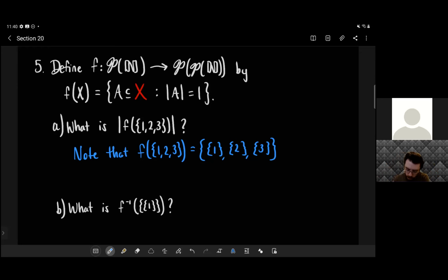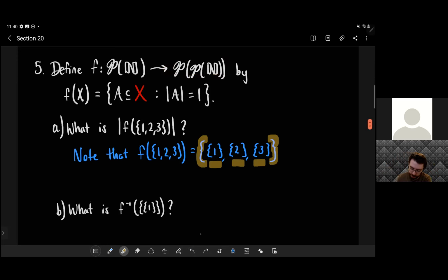That's what the image of that looks like. So what's our cardinality here? Keep in mind, you're asking about the cardinality of this set, in which there are 3 elements. The elements are sets themselves, because we're working with a power set of a power set, but just keep in mind where the outermost commas are.